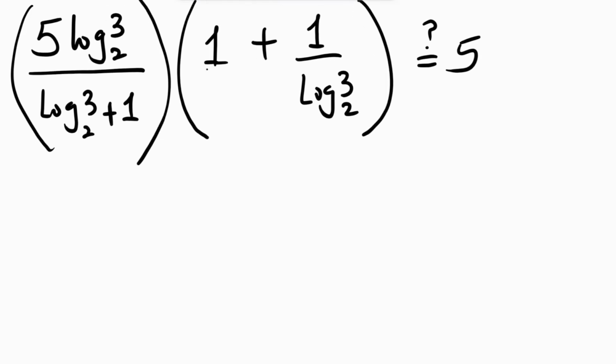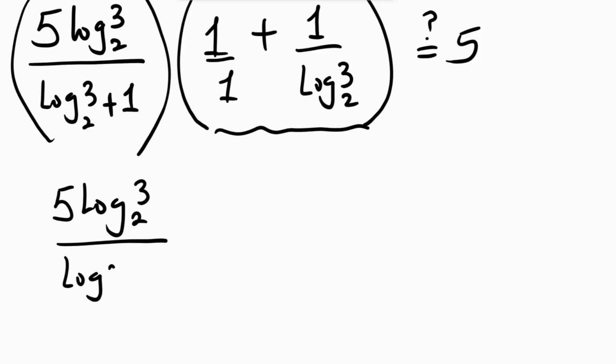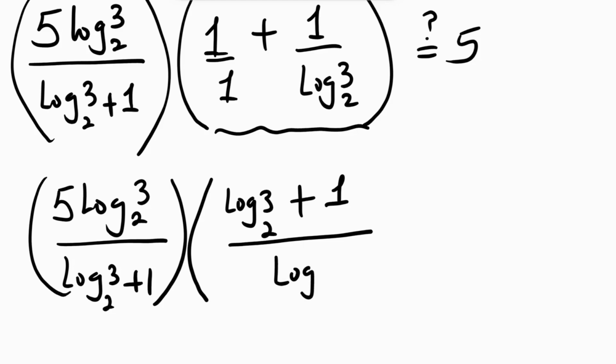So if that's going to be equal to 5. Now if we take the LCM of what we have here, it becomes 5 log 3 base 2 divided by log 3 base 2 plus 1 times log 3 base 2 plus 1 divided by log 3 base 2. Let's see if that's going to be equal to 5.